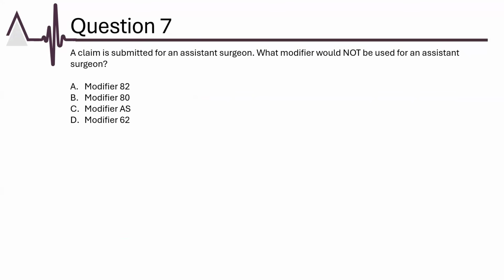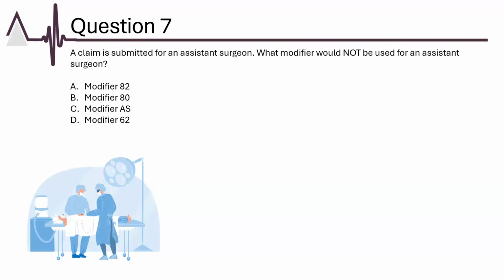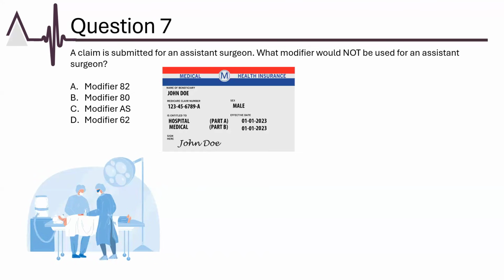Question 7. A claim is submitted for an assistant surgeon. What modifier would not be used for an assistant surgeon? Modifiers 80, 82, and AS can all be used for an assistant surgeon depending on the payer and the modifier. Modifier 80 is used for an assistant surgeon during the procedure. AS is used for a non-physician assistant at surgery services for Medicare beneficiaries.